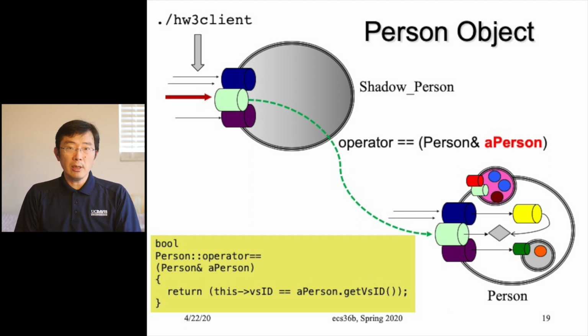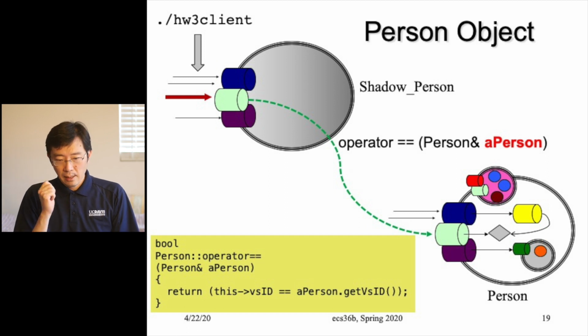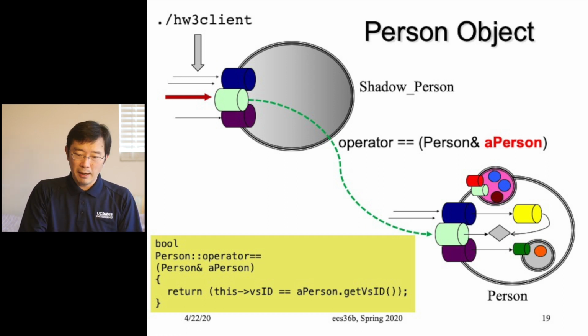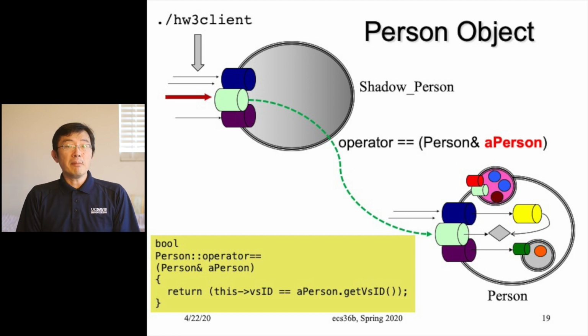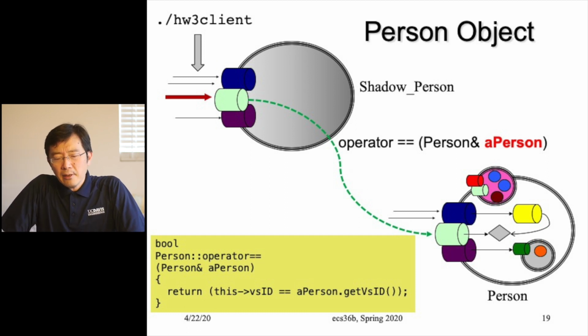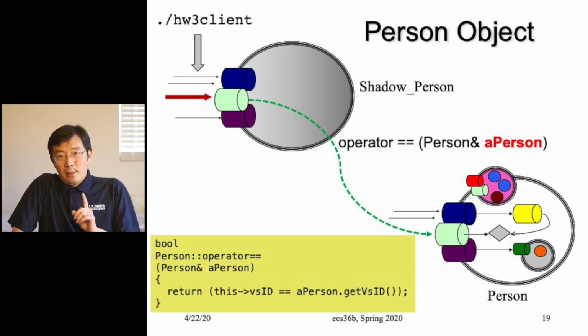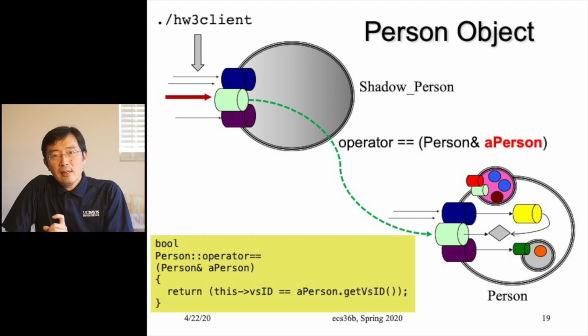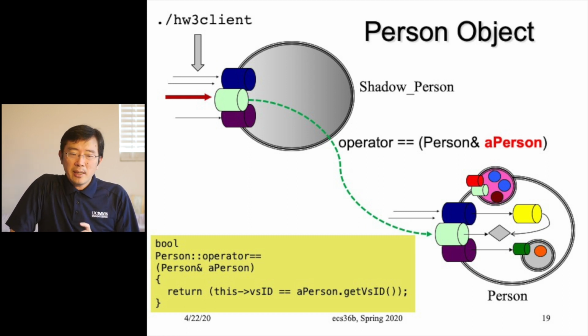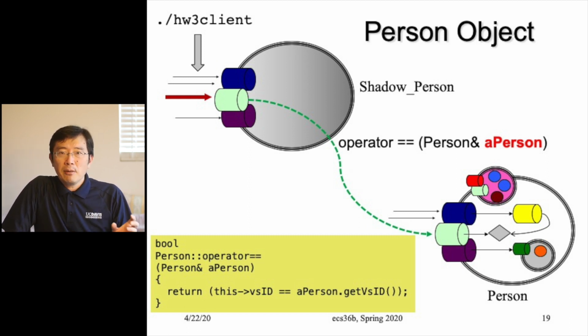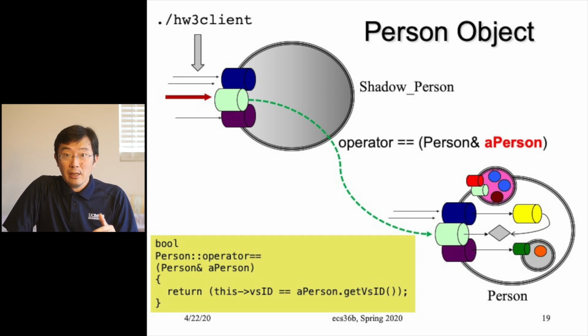I want to call it locally, even though I know the person, or maybe one or both of them, are actually not local, but I'm going to use the virtual function and how I define shadow person to actually implement this. And some of you might already realize this is something new, because what you're doing here is passing a reference of an object to a remote location. That's interesting, because usually when we reference an object, we're thinking this object is local, it's actually in memory.